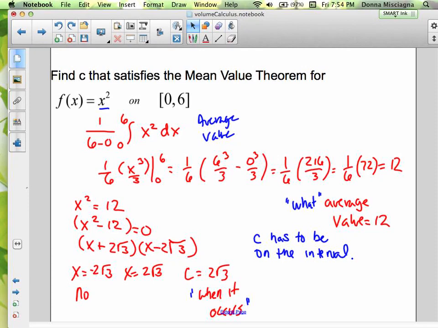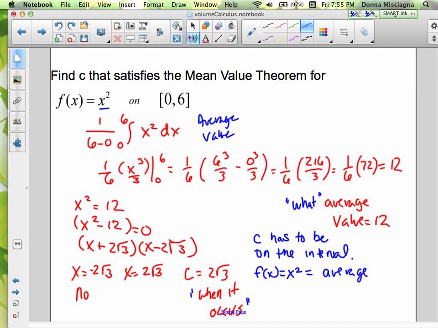That is when the function is equal to 12, equal to the average. So f of x equals x squared equals the average value of the function from 0 to 6 at x equals 2 square roots of 3.